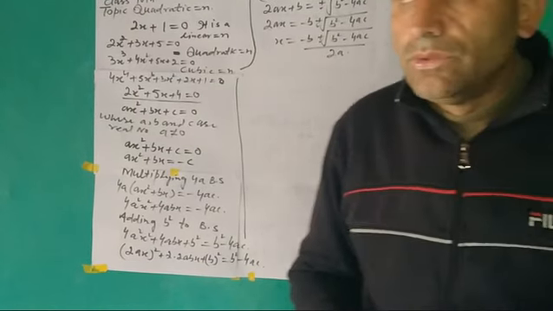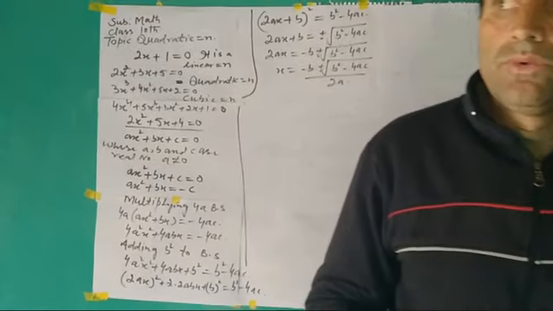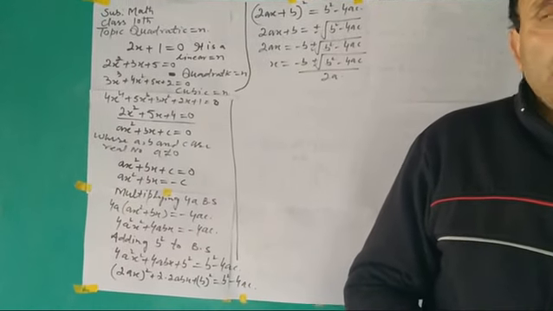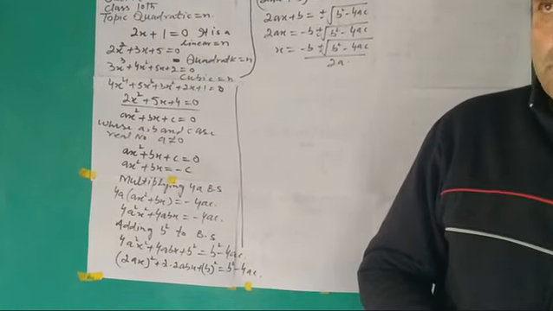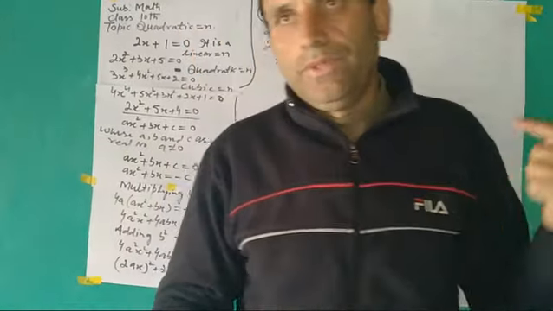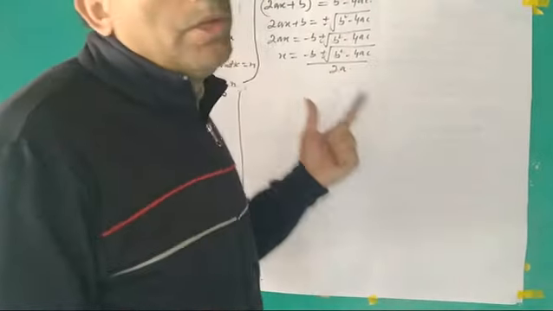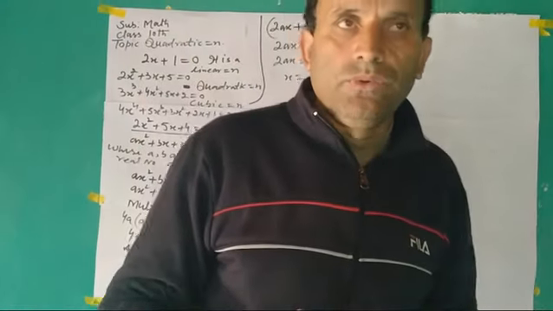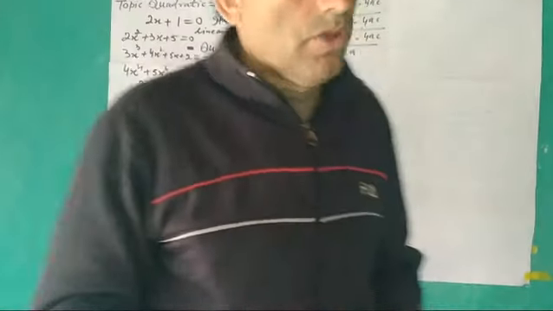So we have to prove sum of roots, because we know sum of roots is equal to minus b by a, product of roots is equal to c by a. But with the help of this quadratic formula, we can find sum of roots, we can find product of roots.